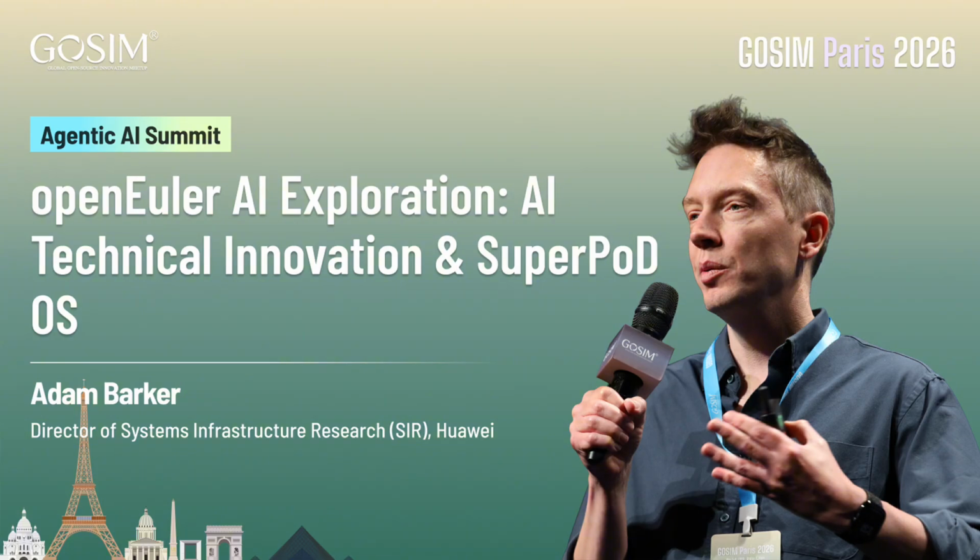I think this is probably one of the first times we've heard about operating systems during this conference so far. So what does this really mean? And why do I think that it breaks?